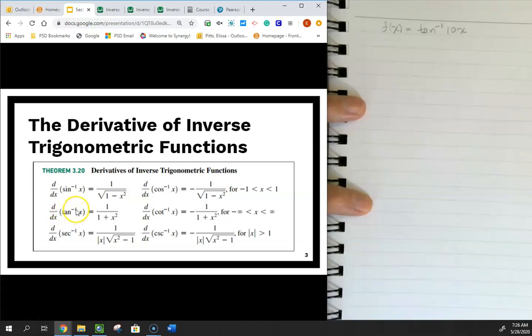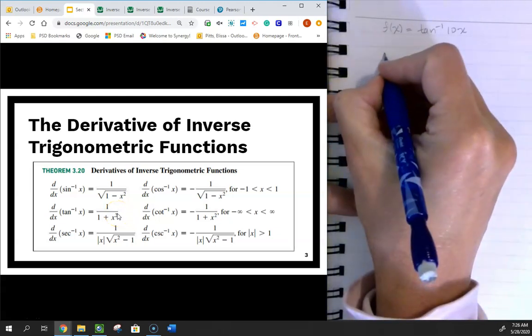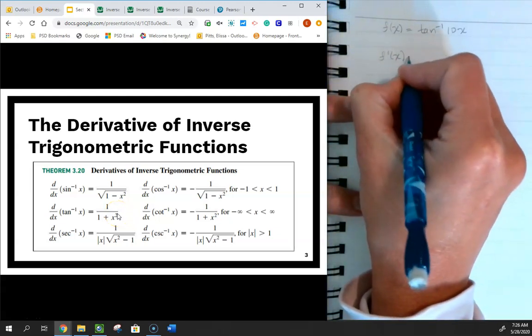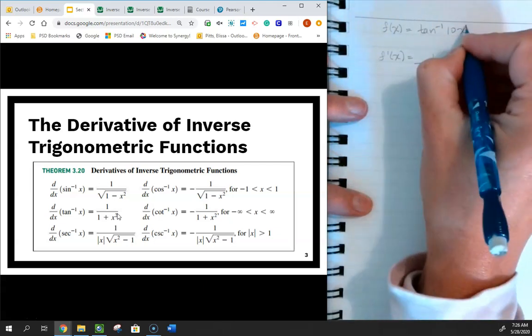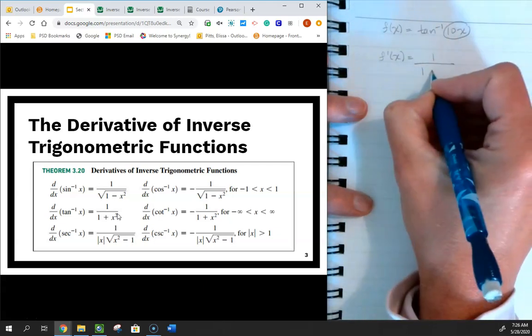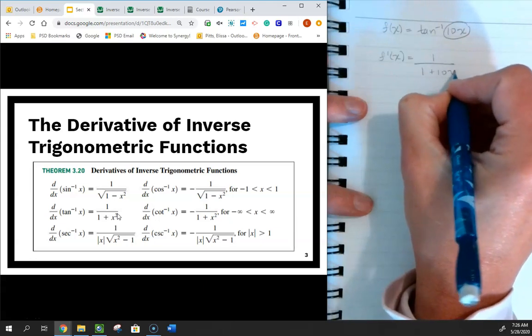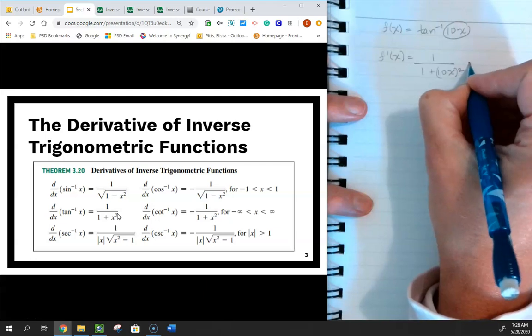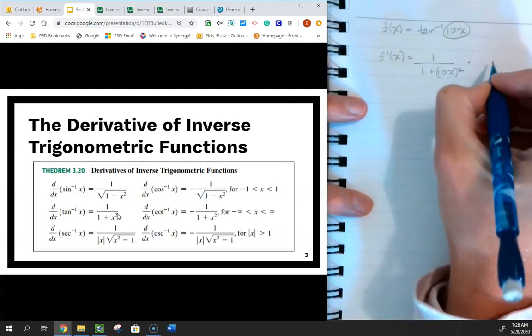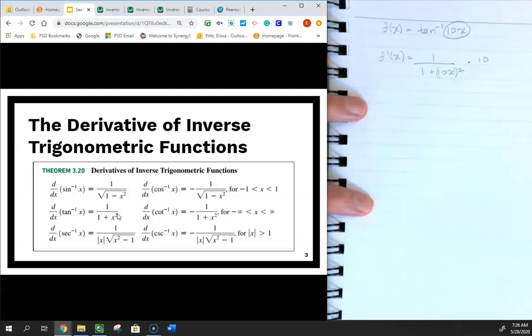So the inverse tangent of something is 1 over 1 plus something squared. And so if I want f prime of x, I'm going to take 1 over 1 plus that something squared, but then I need to multiply times the derivative of that something, which is 10.